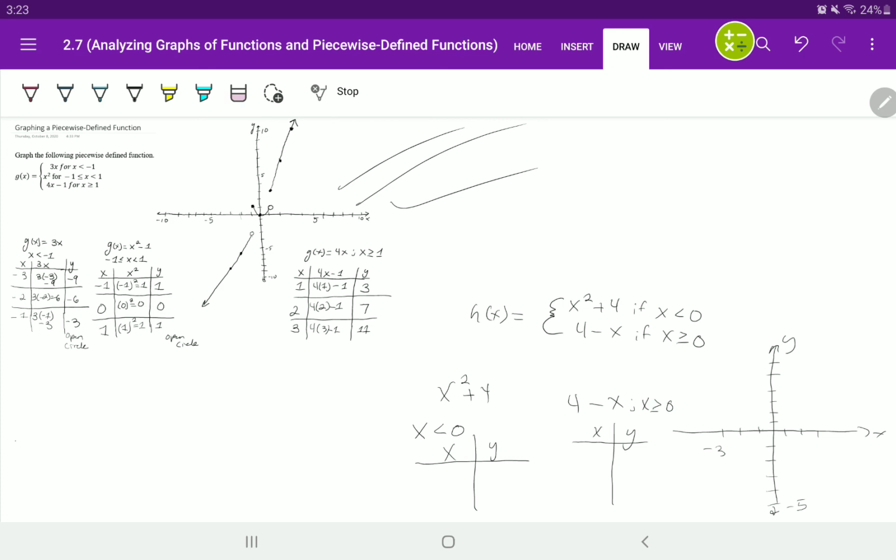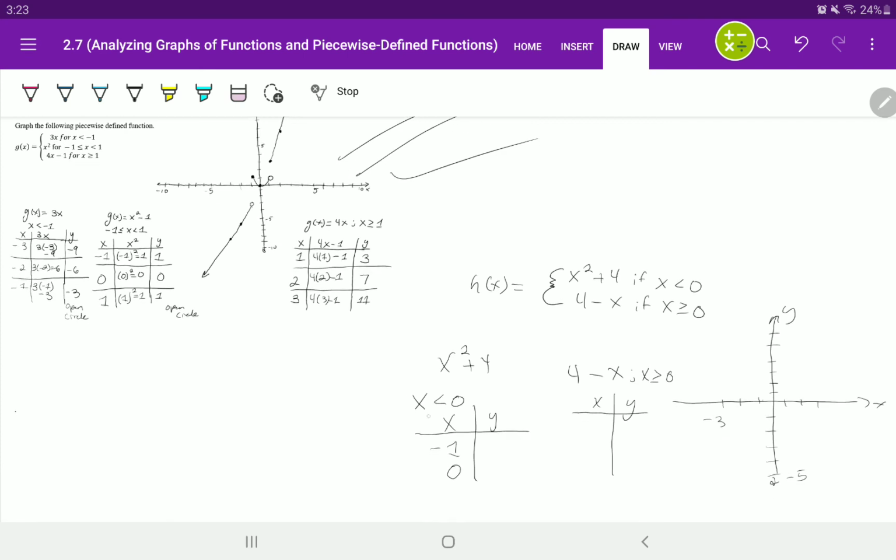Let's pick 2 values. Less than 0 is going to be -1. Then I'm going to have a value of 0, and the 0 is going to be an open circle because 0 can't be less than 0. If x is -1, -1 squared is 1, and 1 plus 4 is 5. That gives me the coordinate -1, 5, which is going to be right here.